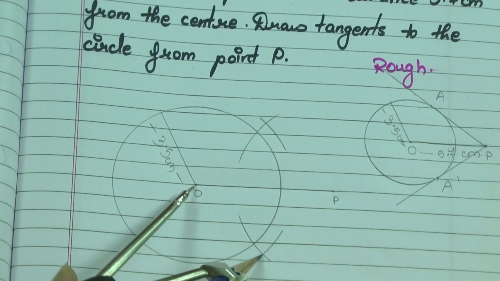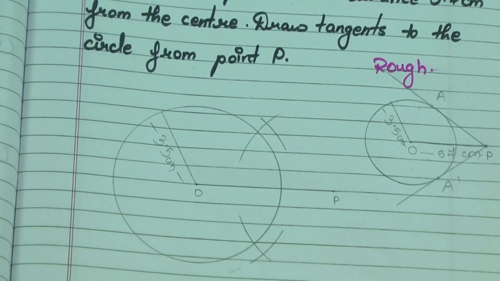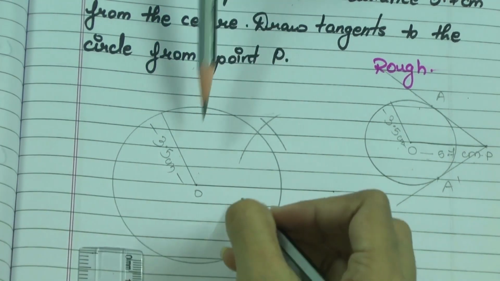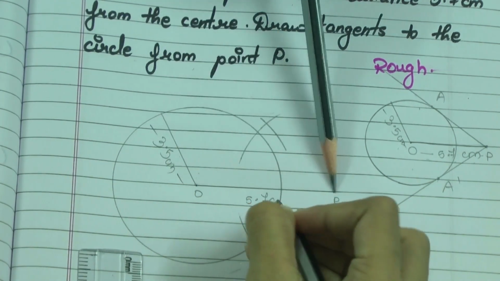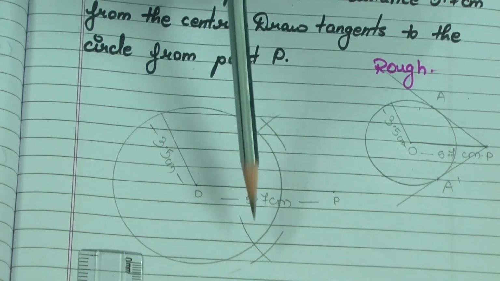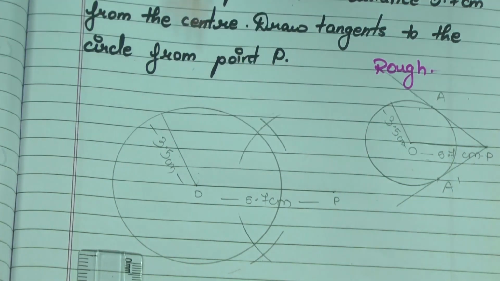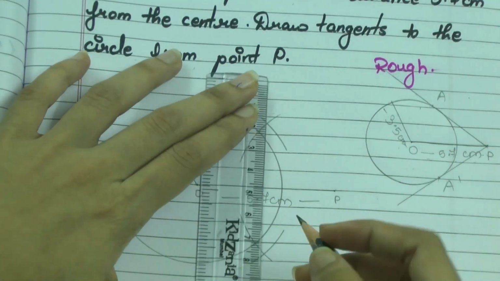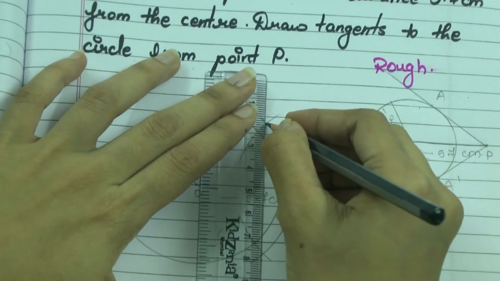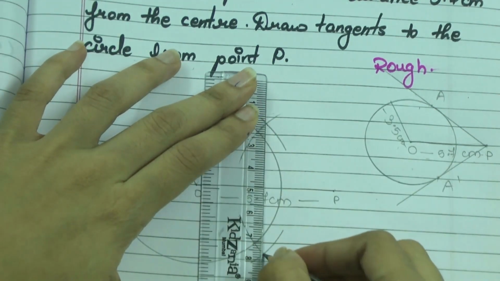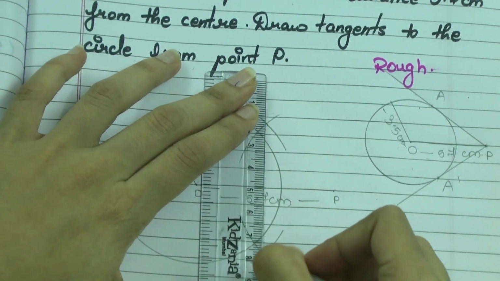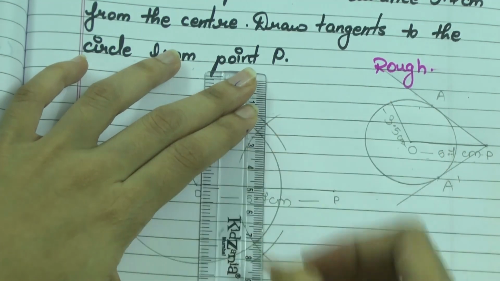This is for drawing a perpendicular bisector of OP. We are drawing the perpendicular bisector of OP by joining these two arcs. Join these two intersecting arcs very carefully by locating the intersecting point first, as it is shown in the video.